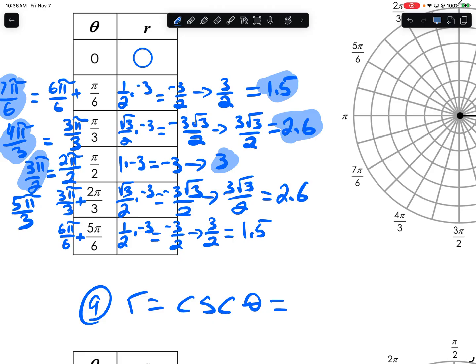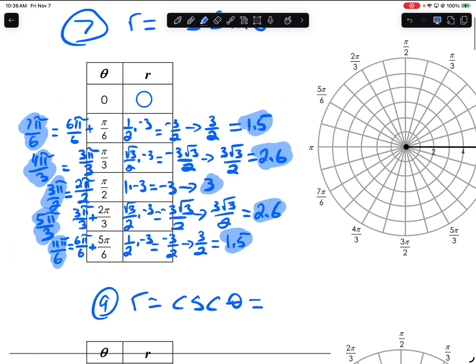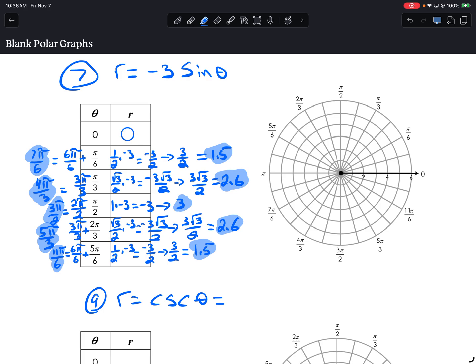So when I add 6 pi over 6 and 5 pi over 6, I get 11 pi over 6. And then I'm going to highlight so I can figure out where things are. And then we're going to go ahead and graph all those ordered pairs. I'll let you get caught up.